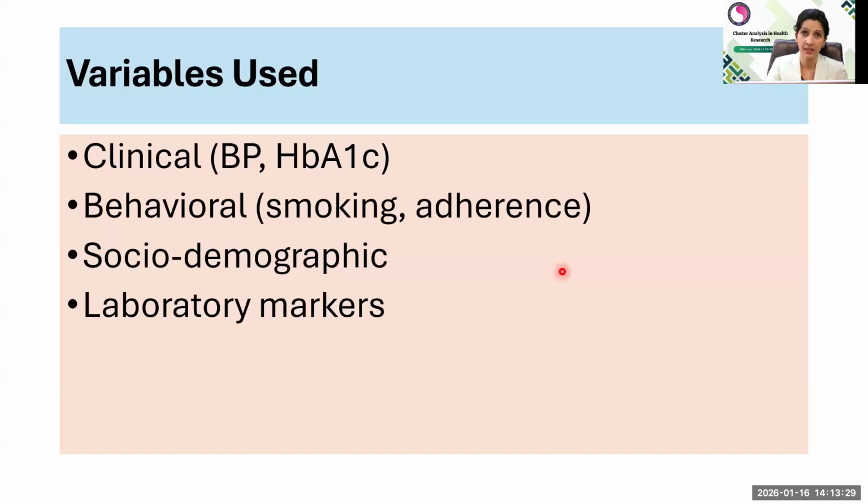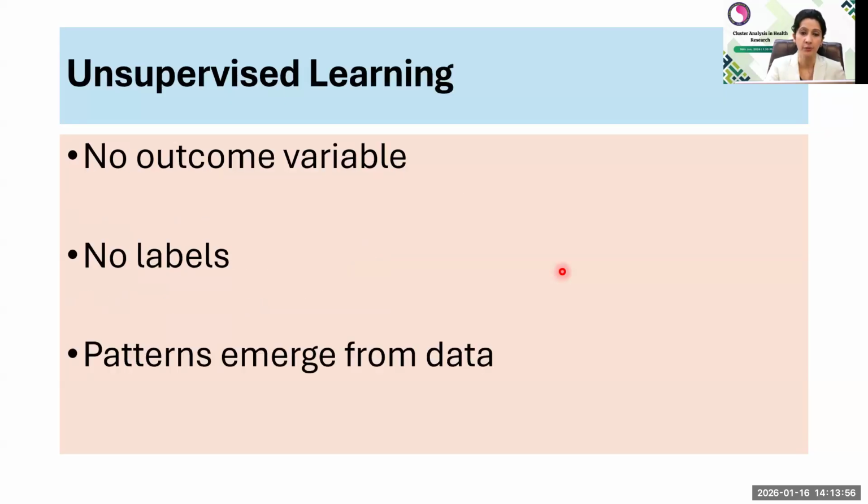You can use clinical variables, socio-demographic variables, and lab markers. These days you will see a lot of genetic studies where people use cluster analysis to see the clustering of genes. That is very commonly done these days, and you can also use behavioral variables like smoking or the adherence pattern of the patient.